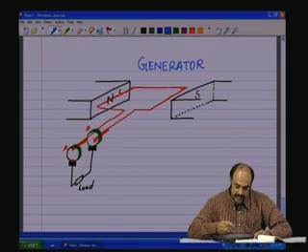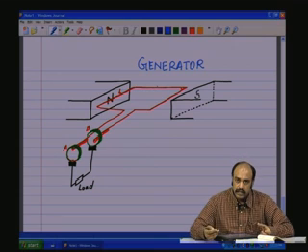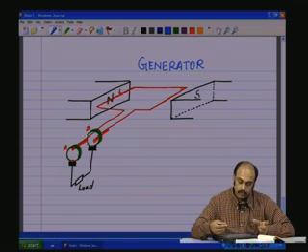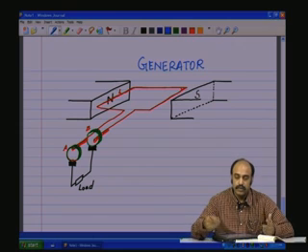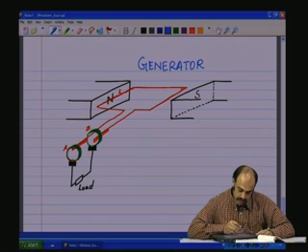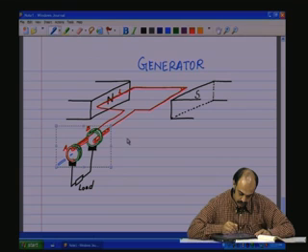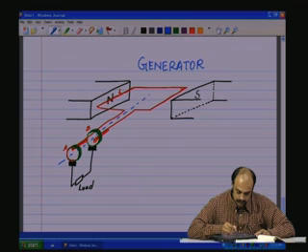So, by some mechanism we are going to provide energy, mechanical energy, such that this whole coil is made to rotate about an axis. So, this whole coil is rotating about this axis, that is, let us have this axis.